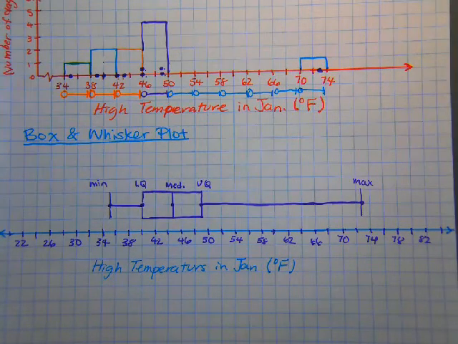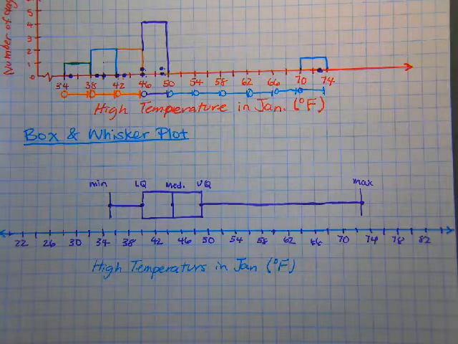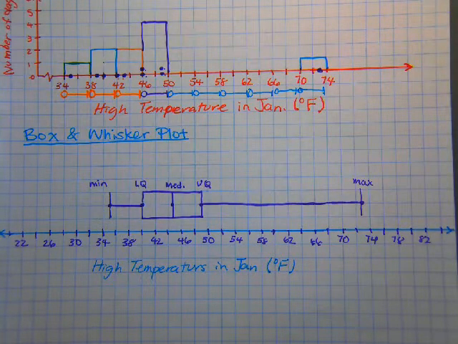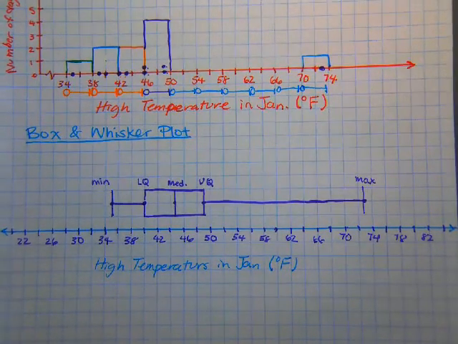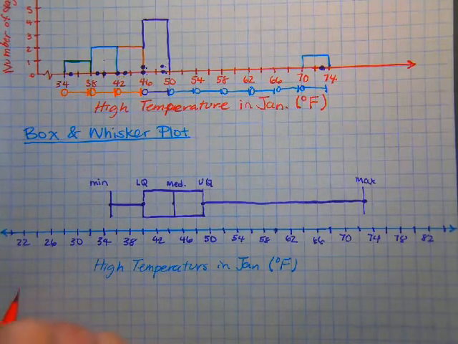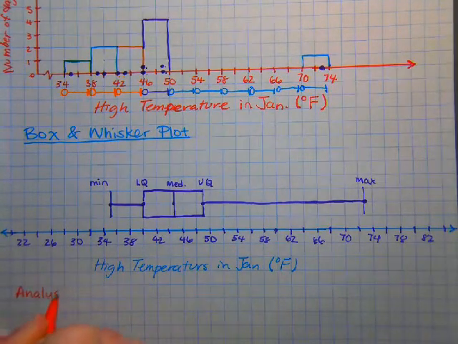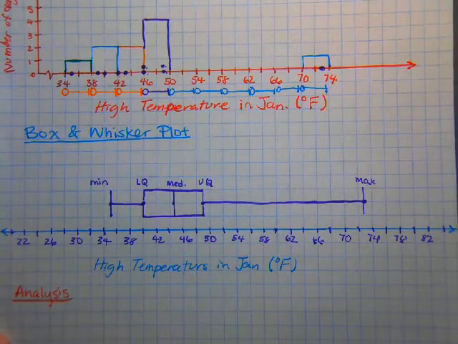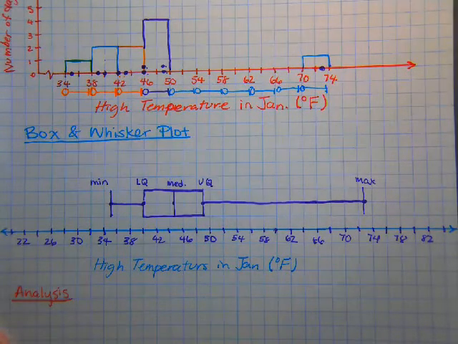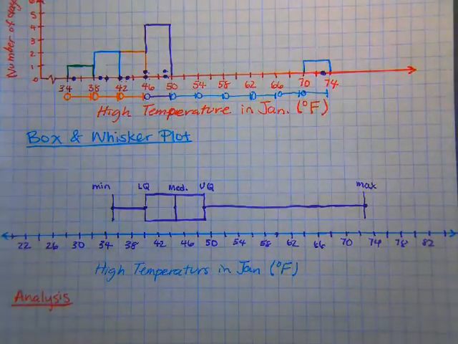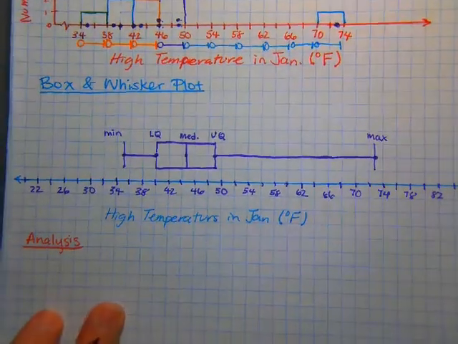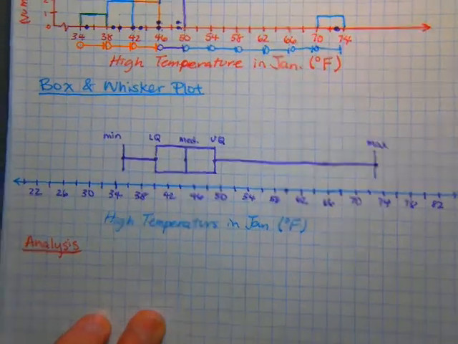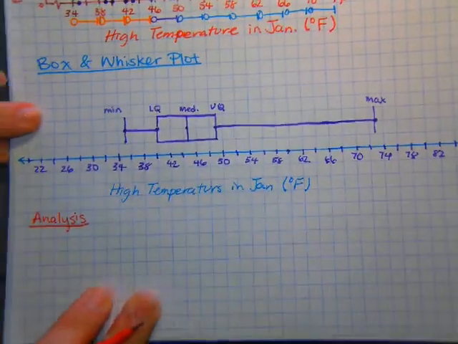So my analysis has to do with answering questions and making conclusions about my data. So for example, a good analysis question is just to say, like, what was the average temperature for a day, or the average high temperature?